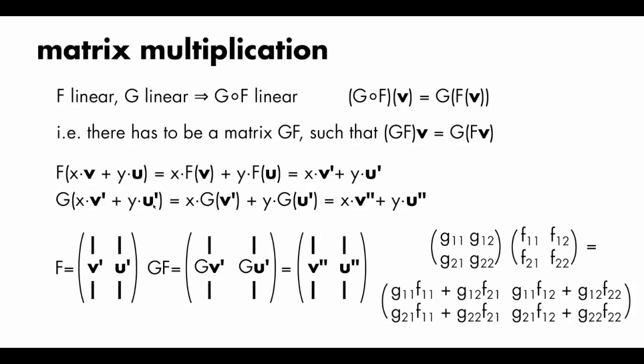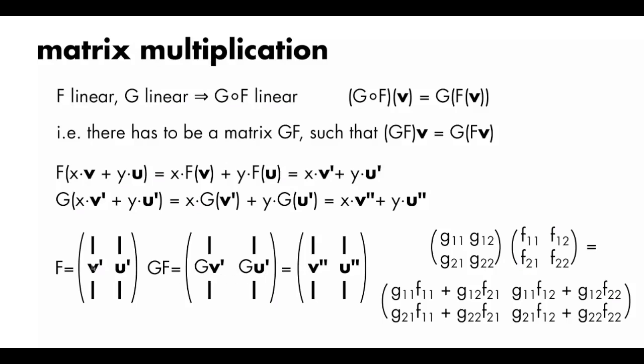Remember, our input here was F multiplied by the vector, so it already went through F. So this expression is what happens to the vector if we send it through F first and then through G. And we just read it off. Really, it's just G times V prime and G times U prime that are the columns of that product of matrices.